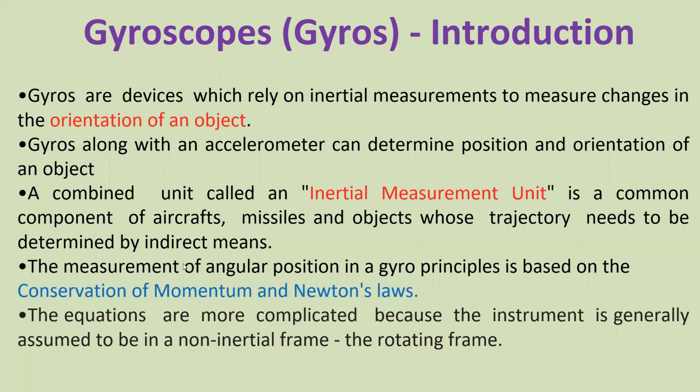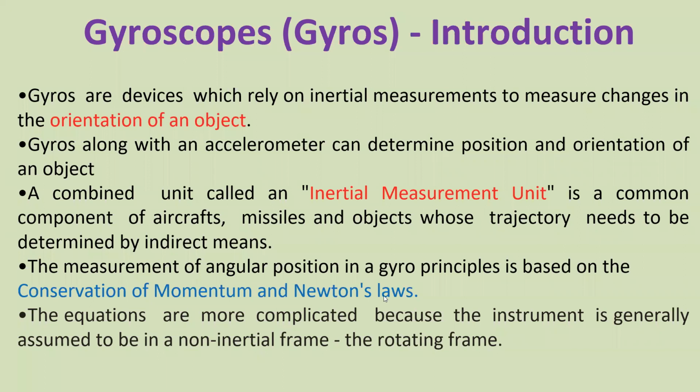So when you have the angular velocity, you can automatically derive the orientation if you know the initial orientation. You can just integrate and get the values.